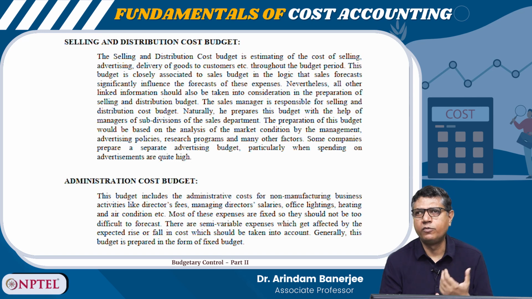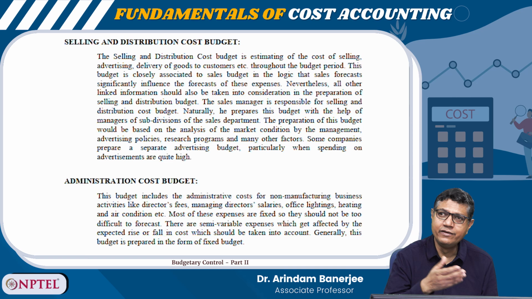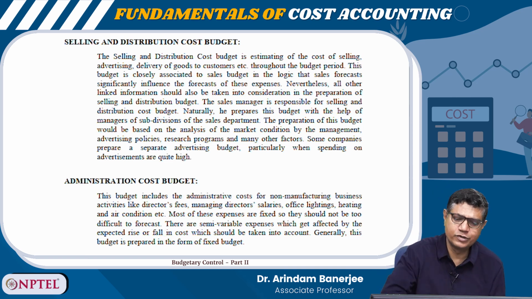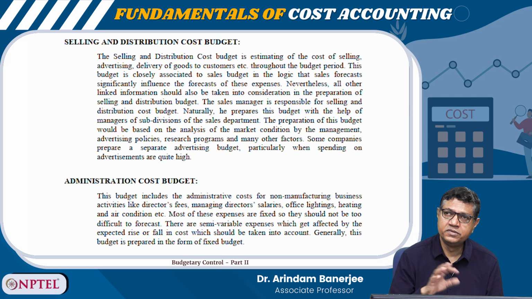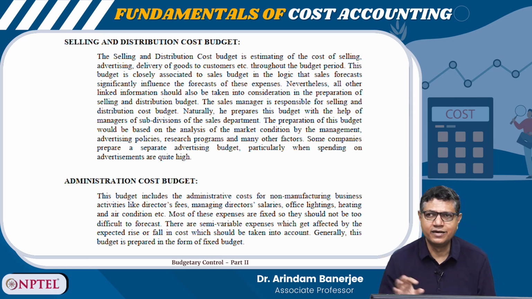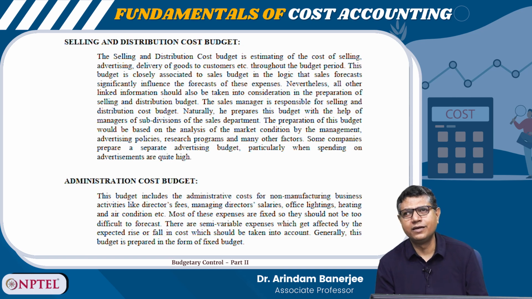They can spend in the form of creating awareness through advertisement, or through delivery and distribution, because ultimately you need to reach the product to the ultimate customer. So this involves a certain amount of cost, and this cost needs to be estimated. If your product is new, then your selling and distribution cost budget can be quite substantial.